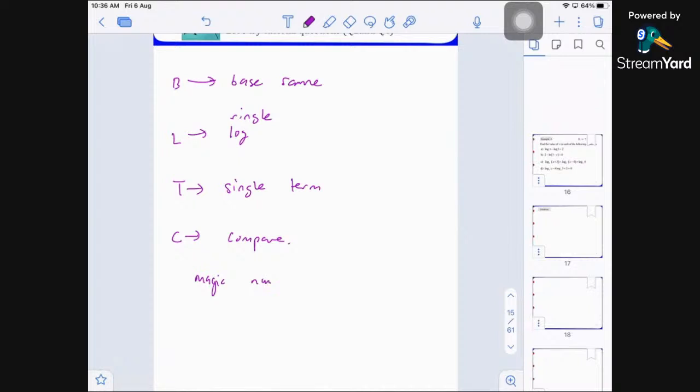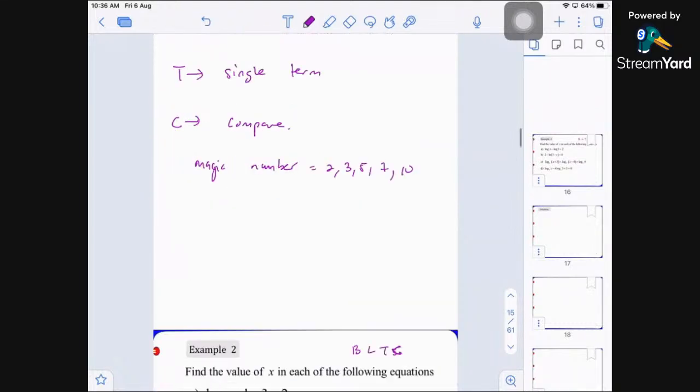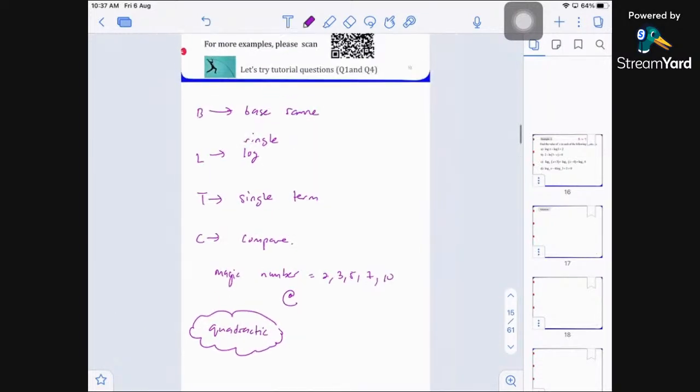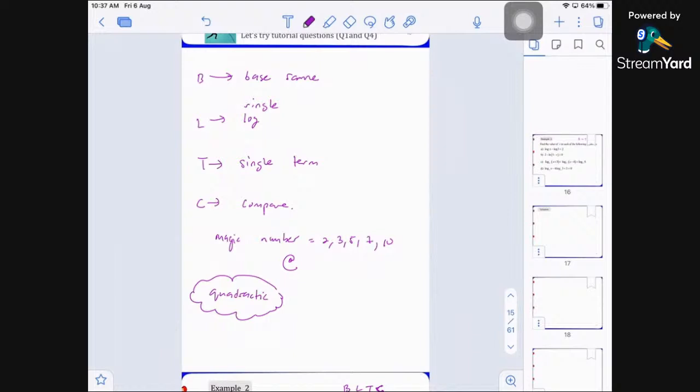My magic numbers, which are 2, 3, 5, 7, and 10, also will play a role inside this. Another one more. If I cannot use this rule, then you have to go to quadratic. So this is the trick to solve log problems. This one I summarize for you how to solve log problems.